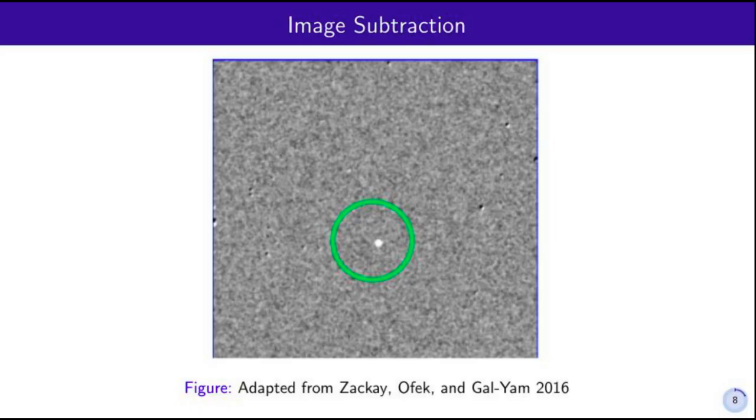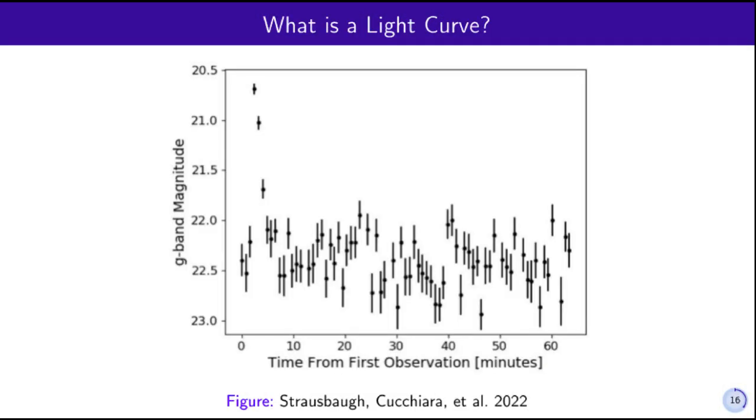So using image subtraction, you can basically automate this process of trying to find new sources in your astronomical images. And so we use that to find many new, what we call transient phenomena in astronomy.